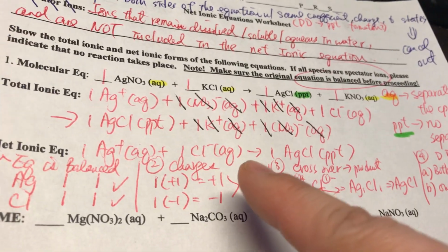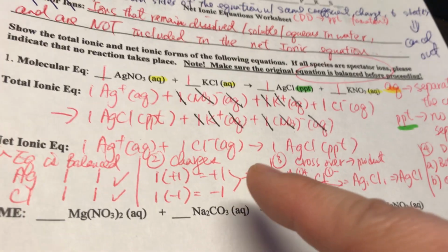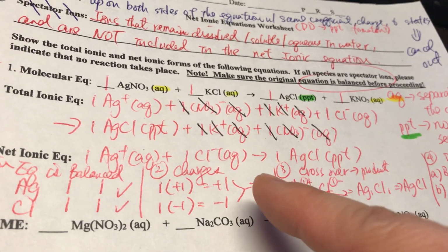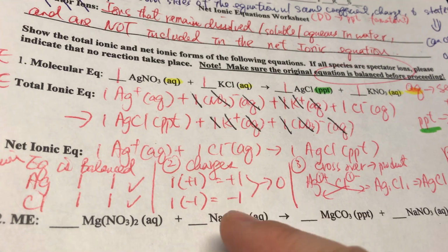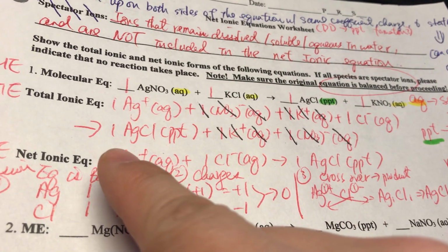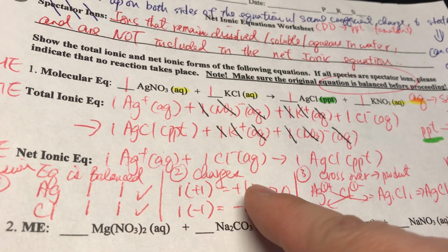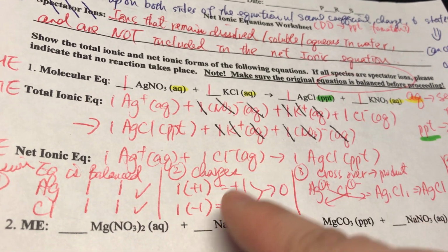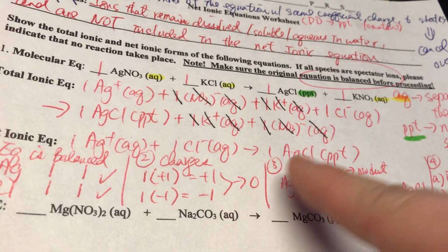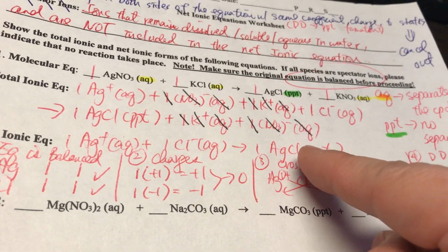Number 2, the charges. I don't know if you remember back to Unit 4 when I taught you balanced ionic equations. I asked you to calculate how many total positive, how many total negative. They must add up to be 0. So I get 1 times positive 1, which is plus 1, and 1 times negative 1, which is negative 1. They add up to 0, meaning the charge of AgCl, which is 0.